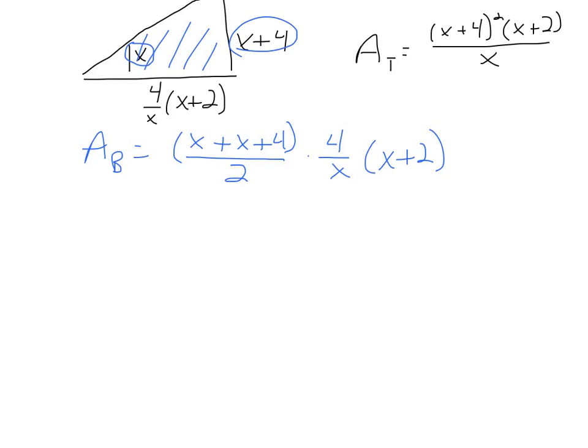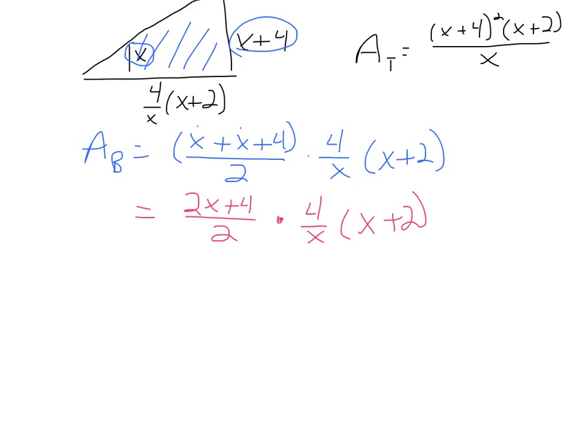So, can we simplify this? Well, we have an x plus an x. When we're adding x's, 1x and 1x is 2x, plus 4 over 2, times our 4 over x times x plus 2. Now, can we simplify this?